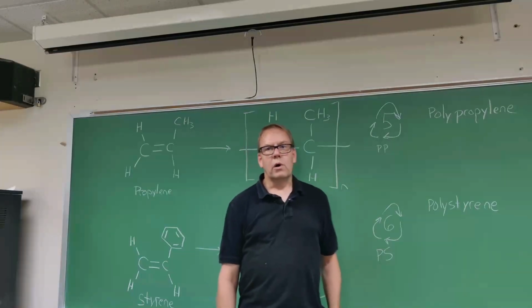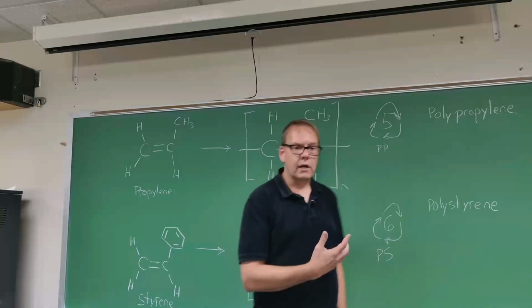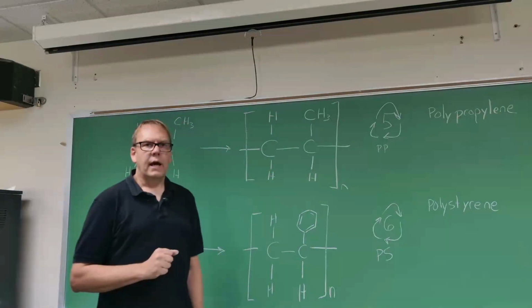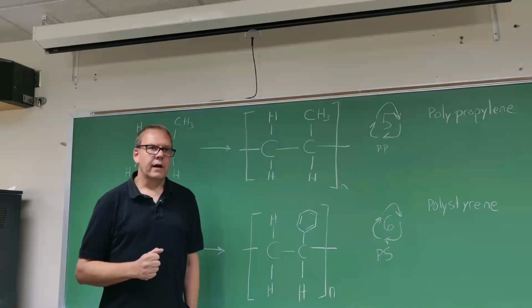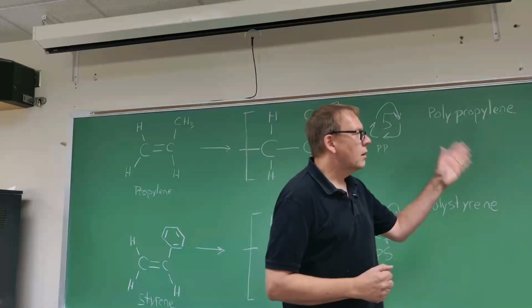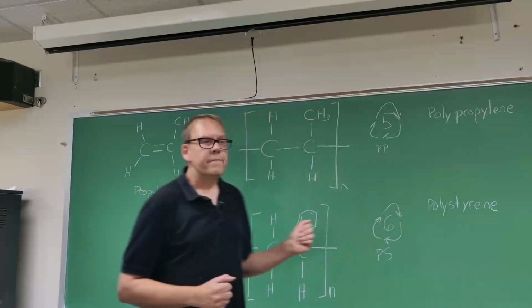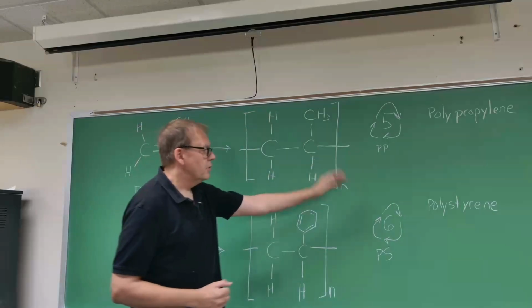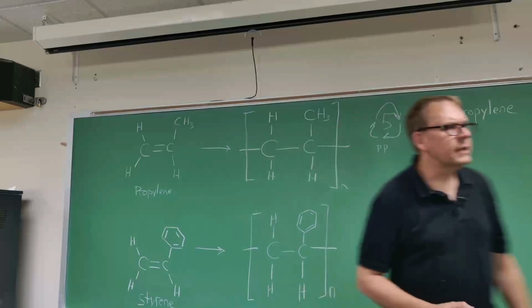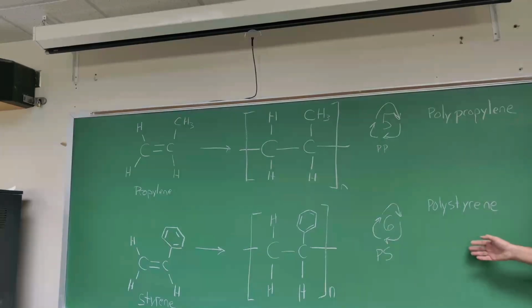So polymer number 1, which we didn't talk about here, but we'll talk about later on in the course, is really highly recyclable and has a lot of value. 2, 3, and 4 are also valuable. 5 is less valuable, and 6 is basically so hard to recycle that people don't even bother.